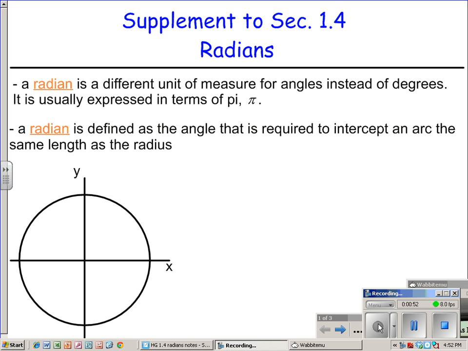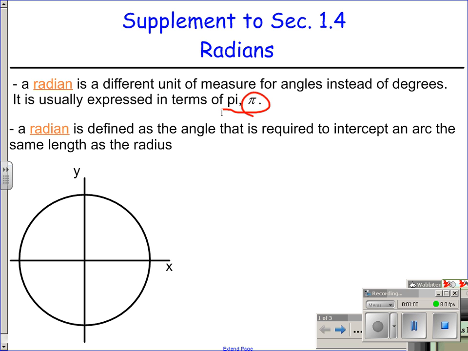That's the biggest thing. And how you know it's in radians, as it says in the first line, is usually in terms of pi. Doesn't have to be, but it usually is. A way to think about this is the metric system.